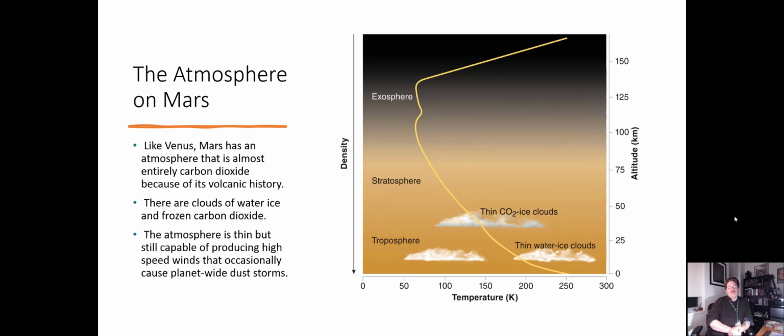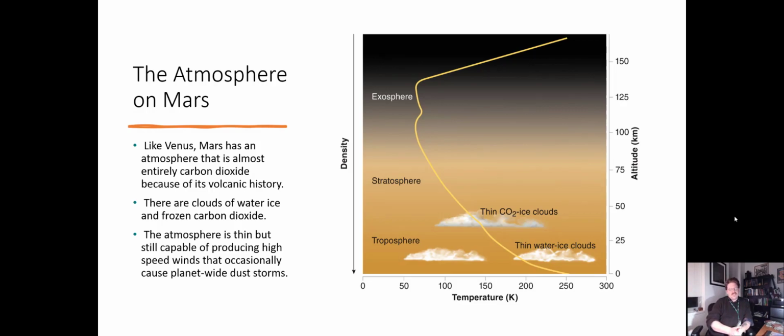The Martian atmosphere is primarily carbon dioxide. It is the most variable of all of the atmospheres of the terrestrial planets, in terms of composition, depending on the season. The Martian ice caps are primarily carbon dioxide, or dry ice. One ice cap is larger than the other, and so when that larger ice cap melts or sublimates, then there is a significantly larger amount of CO2 in the atmosphere.